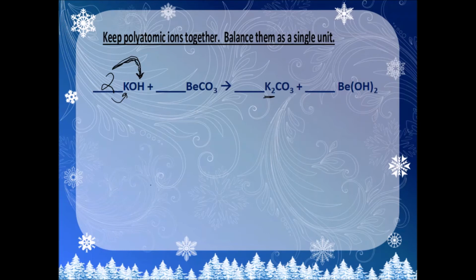How many OHs? 2 ones is a total of 2. How many BEs? We don't need an echo back there. How many CO3s? Good job, Uni. So 2, 1, 1, 1.